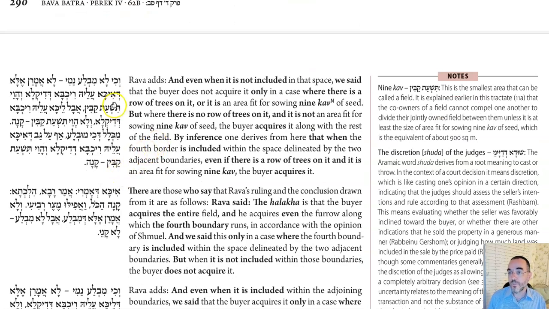And another one, now even if it's not included in that space, so it is sticking out, and so therefore the buyer does not get it.